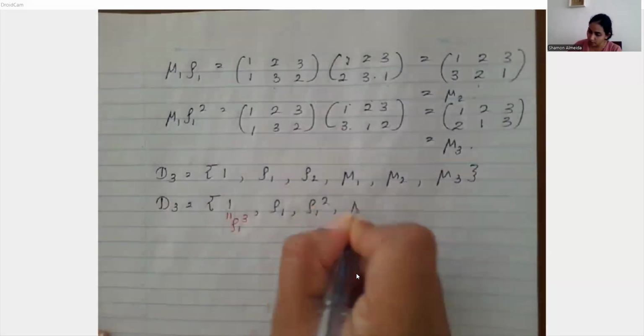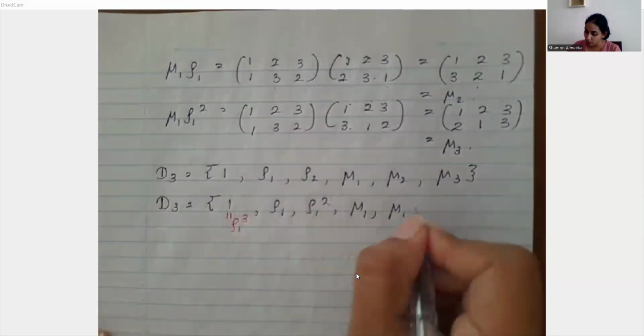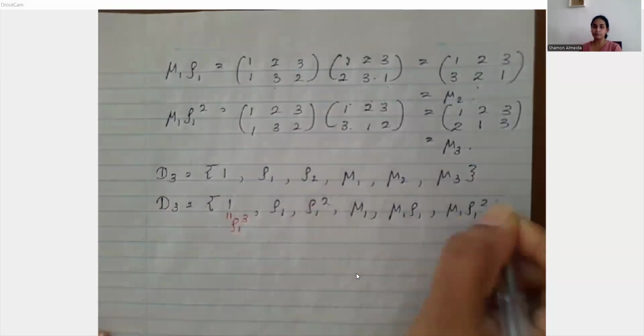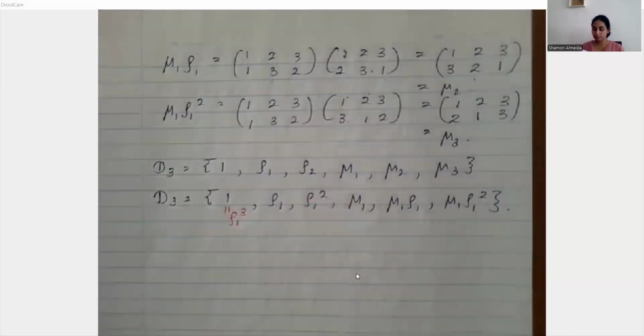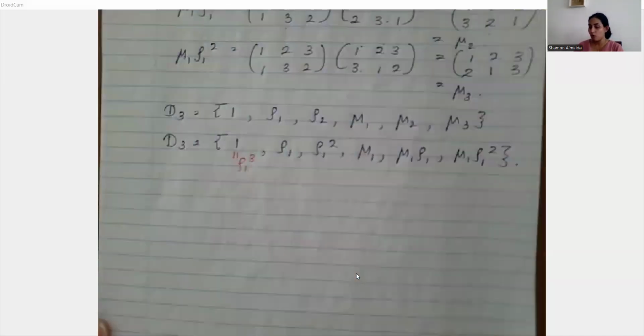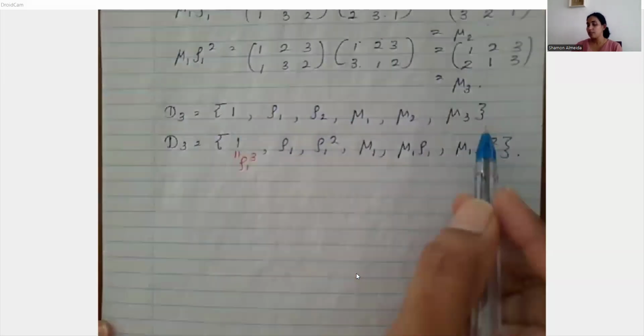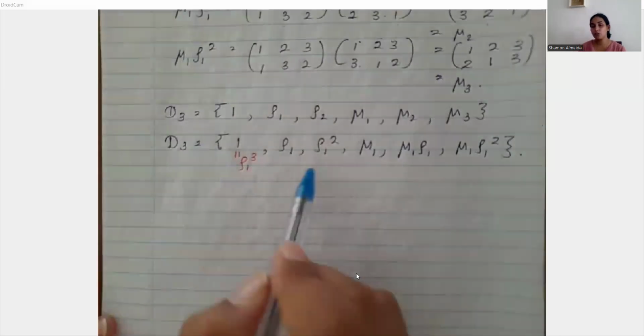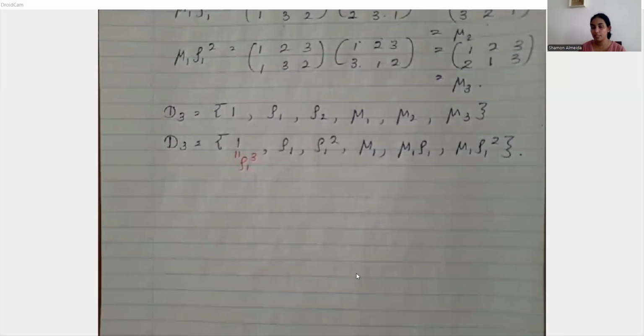Then you have mu1. Mu2 is mu1 rho 1 and mu3 is mu1 rho 1 squared. We have gotten all the elements in this group simply in terms of rho 1 and mu1. So we can see that every element in this group is generated by rho 1 and mu1.